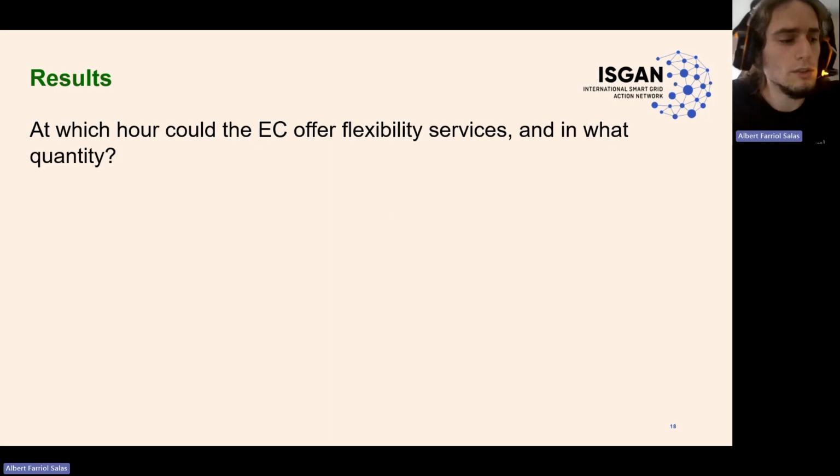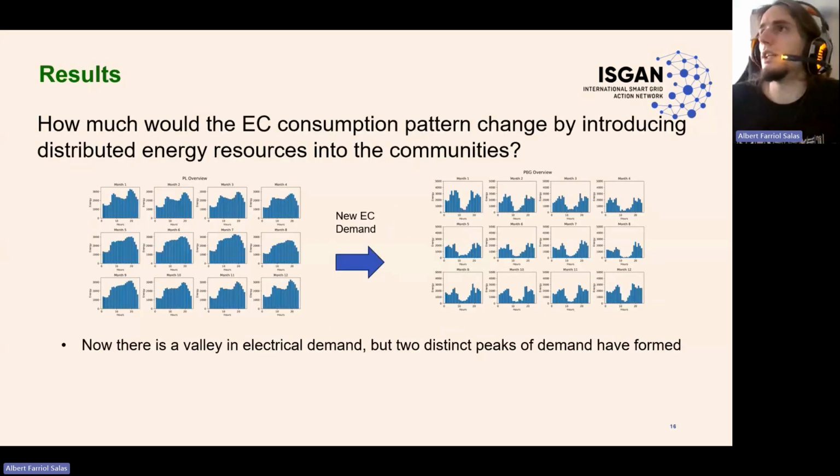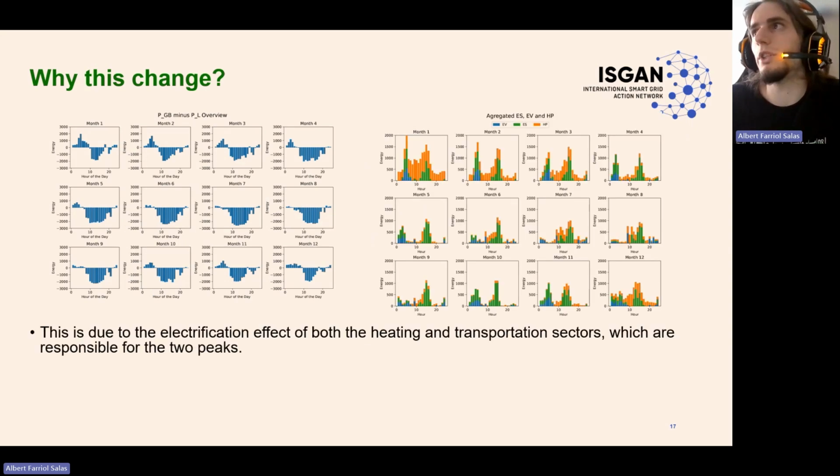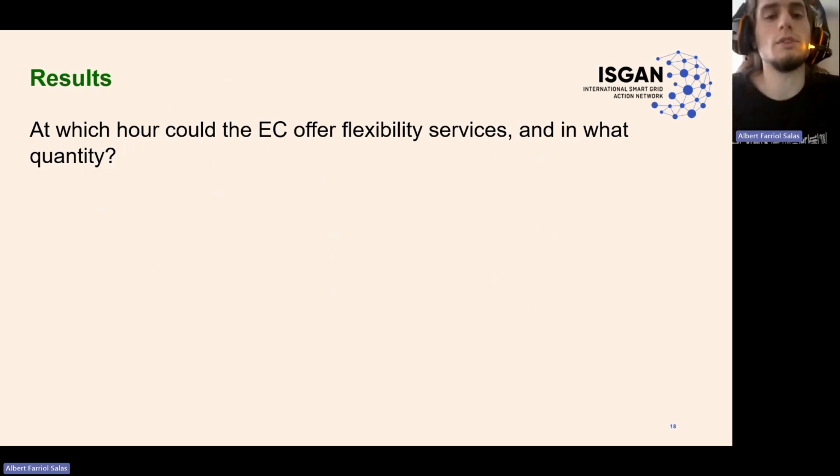Another important question for the DCO is at which hour the energy community could offer flexibility service, and in what quantity. We know that the load changed, but could the energy community offer some flexibility?